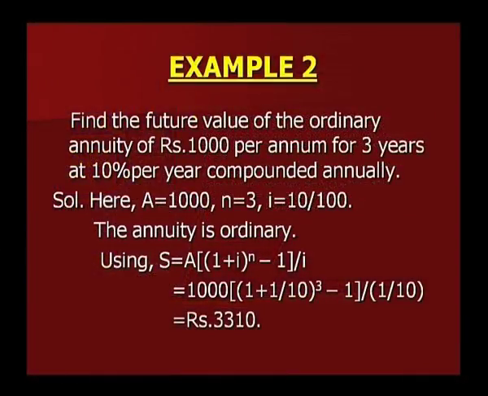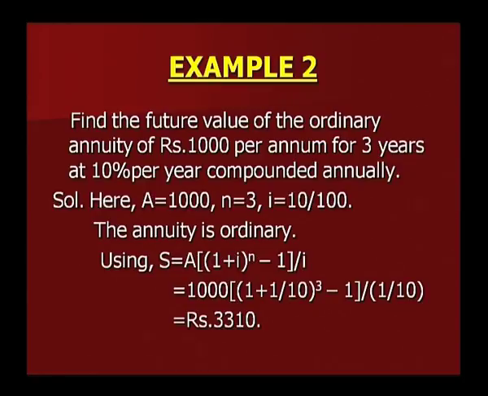Example 2. Find the future value of an ordinary annuity of rupees 1000 per annum for 3 years at 10% per year compounded annually. Here A is equal to 1000, n is equal to 3, i is equal to 10 upon 100. The annuity is ordinary.